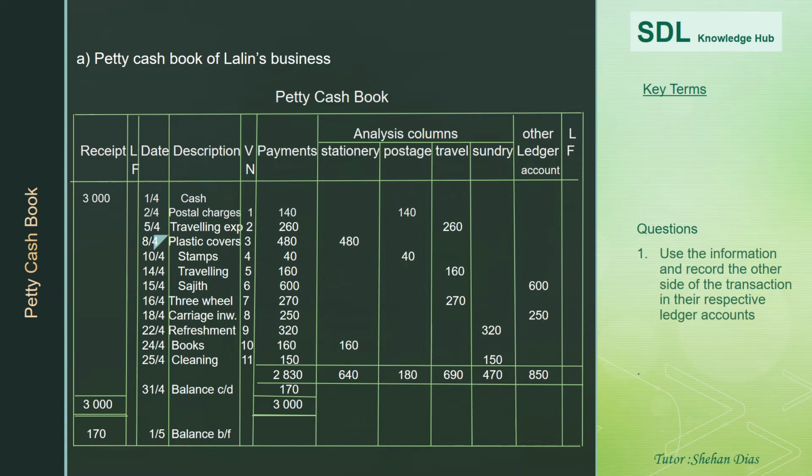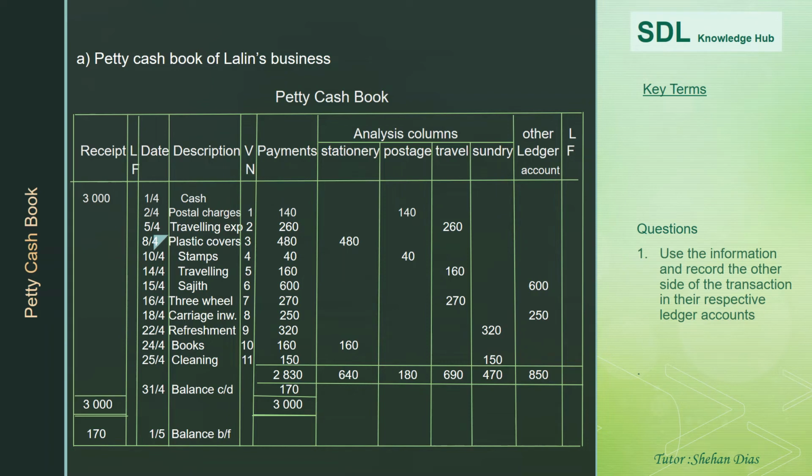And also when we are recording these petty cash expenses, there are two transactions, paid to Sajid and carriage inwards, that do not belong to any of these analysis columns. Sajid is a creditor who has been paid.